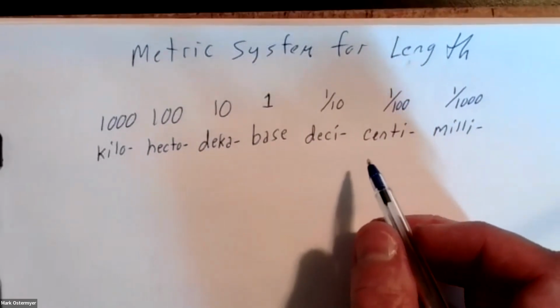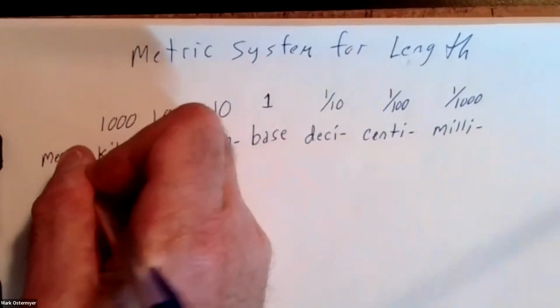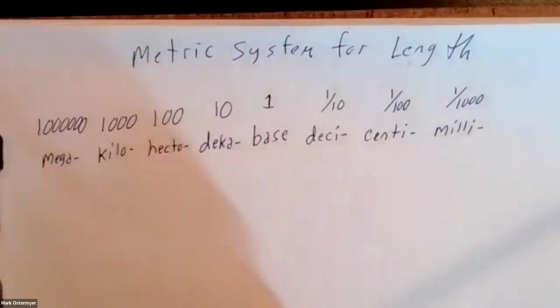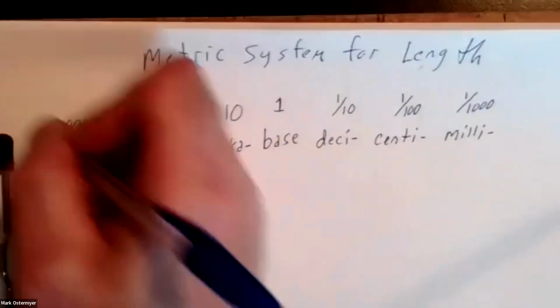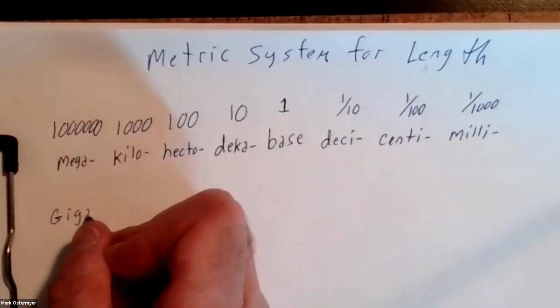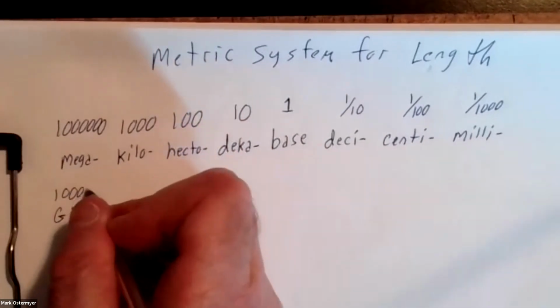Megabytes on a computer. Mega, ladies and gentlemen, is 1,000,000 times bigger than a base unit. Gigabyte of memory on the computer. Giga is even bigger. I'm running out of room, but giga is the prefix that represents 1,000,000,000 times bigger than a base unit.